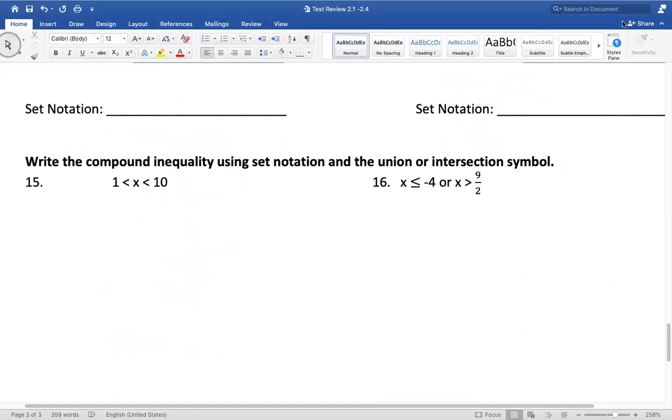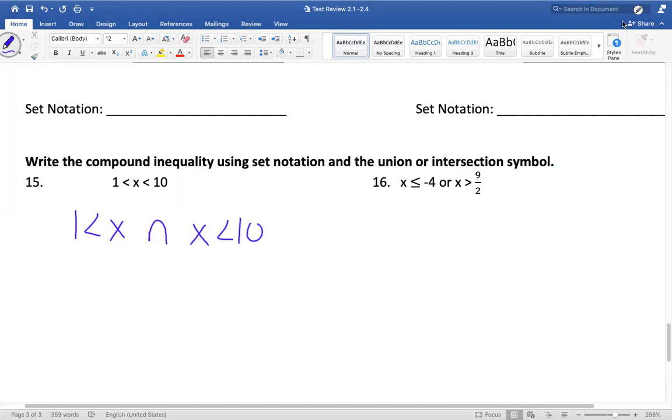All right. Now, writing the compound inequality. All right, so let's look at this. Writing the compound inequality using set notation. Now we have 1 is less than x, and x is less than 10.